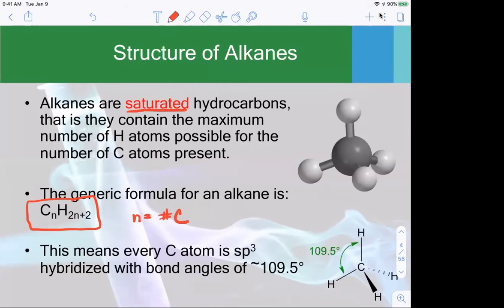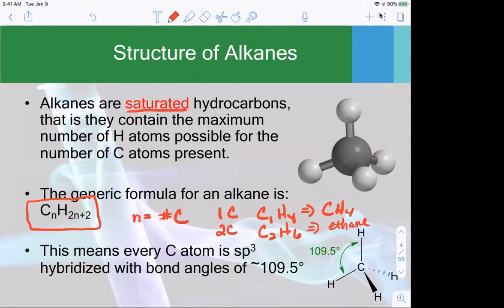So if I have one carbon, I have C1H2 times 1 plus 2. If you recognize that, that's methane. If I look at 2 carbons, I have C2H2 times 2, which is 4, plus 2, which is 6. That's going to be ethane.